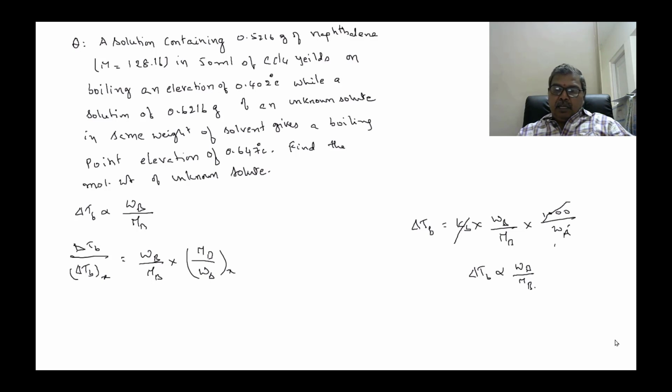So, delta Tb in case of naphthalene is 0.402.